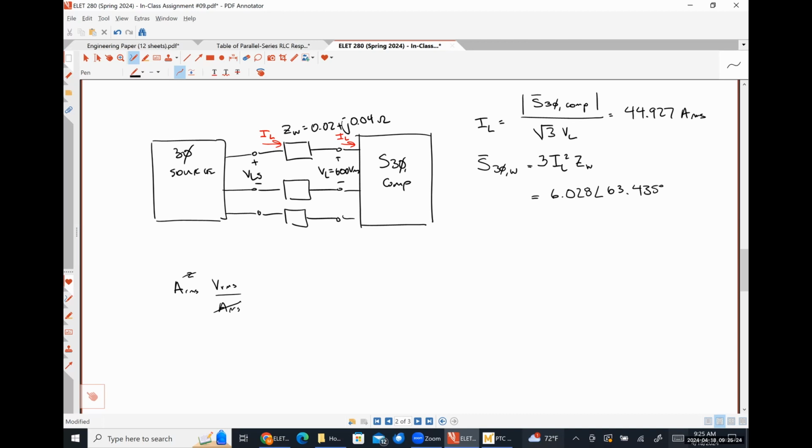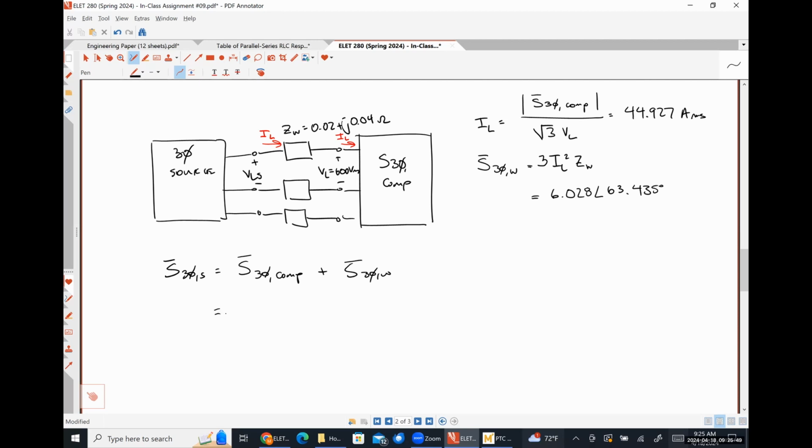So our complex power absorbed by our source would be S3 phase composite. So this is how much was absorbed by our load plus S3 phase times our wire.